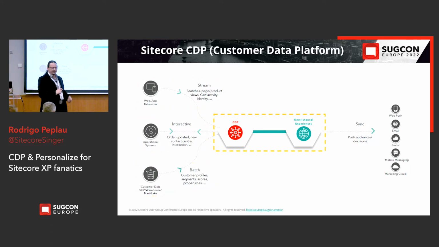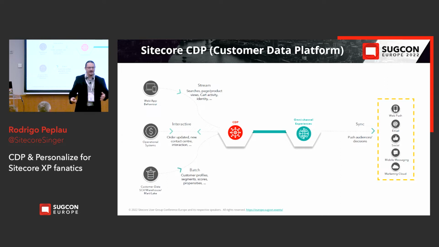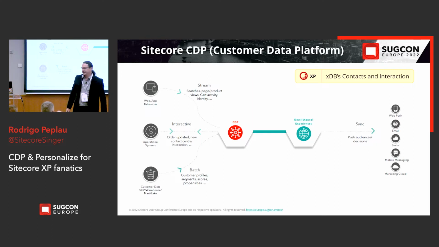Here in the middle, you have the brain of the system, where the CDP is providing omni-channel experiences to the end user and the channels that they are interacting with your brand. Okay, that's the equivalent, the yellow banner again, of the context and interactions, basically, high level, right?